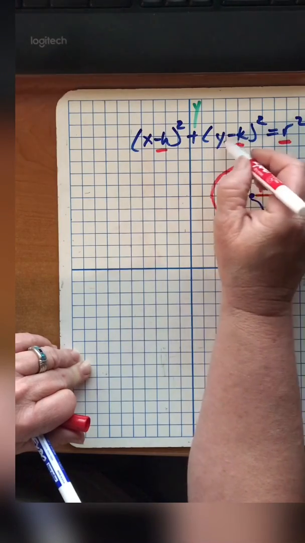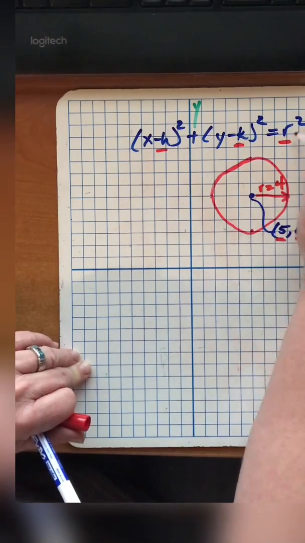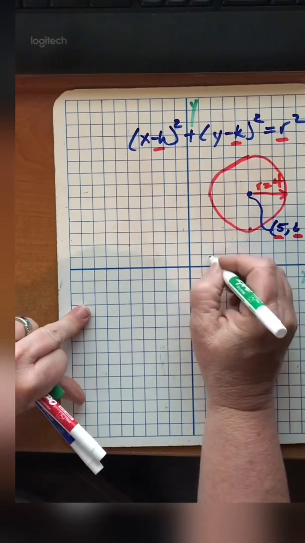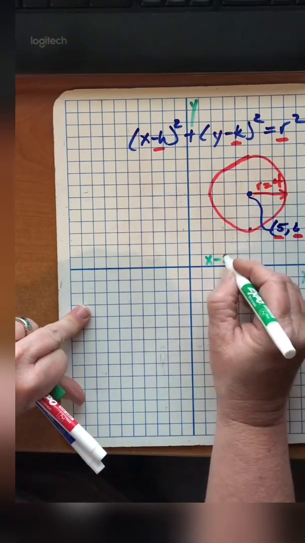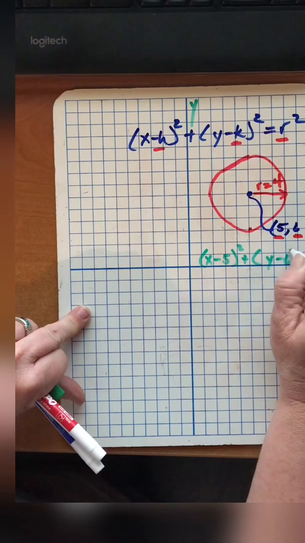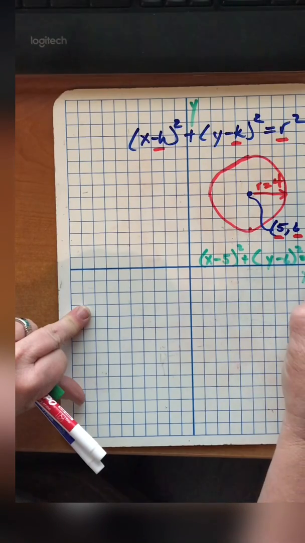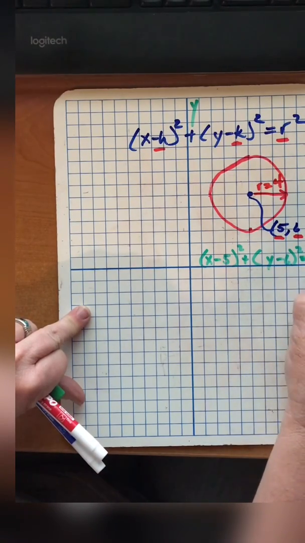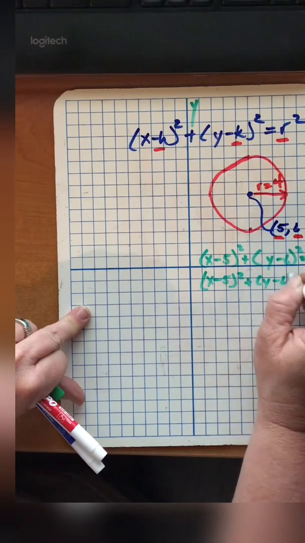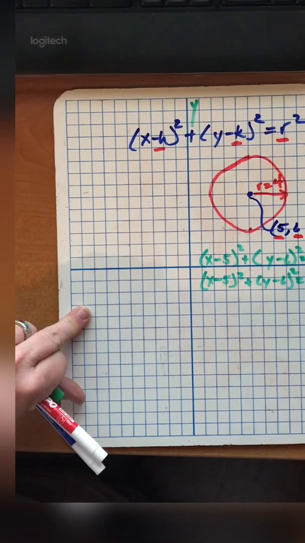The k, since it goes with the y, is the y coordinate of the center. And then the radius is the r right here. Okay? So, if I just want the equation, it's going to be x minus 5 squared plus y minus 6 squared equals 4 squared. And actually I want to simplify that. Go ahead and do that math there. So x minus 5 squared plus y minus 6 squared equals 16. Oops, squared. Okay. Hopefully you follow that.